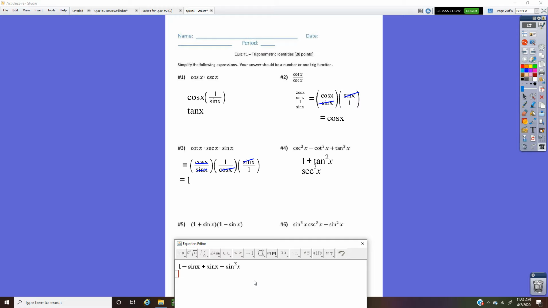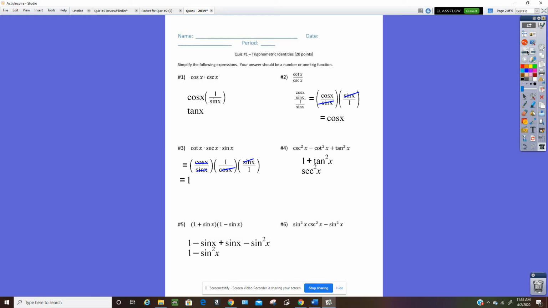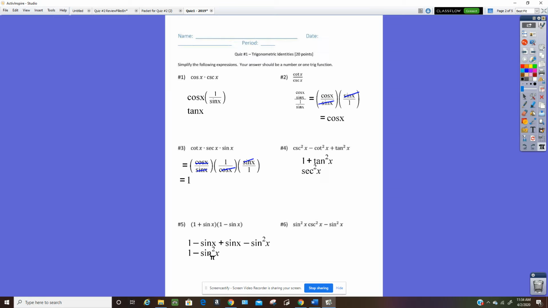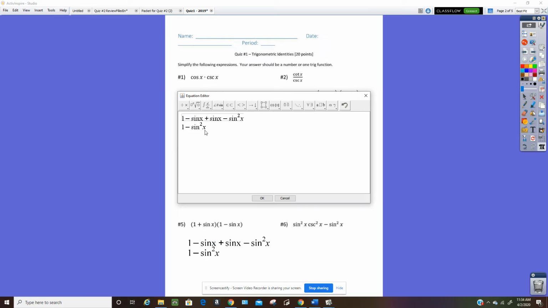And then you have 1 minus sine squared x. And then back here the Pythagorean identities. Let me close this for a second and look for the Pythagorean identity with sine squared in it. 1 minus sine squared is cosine squared. So this is equal to cosine squared.